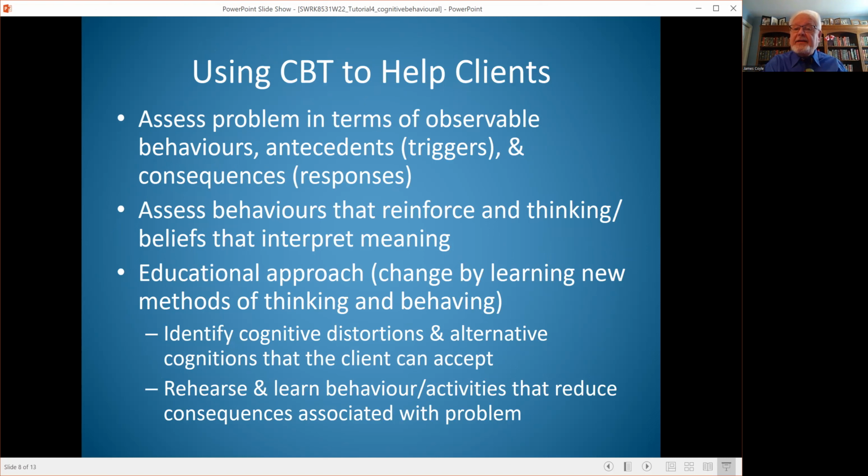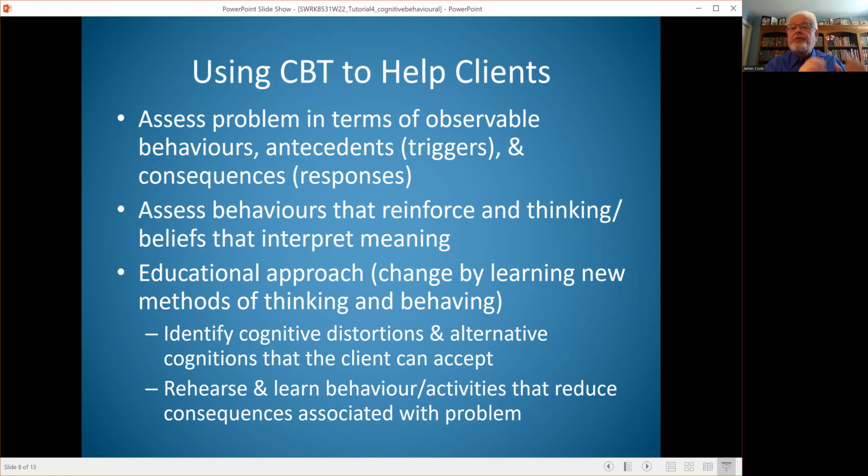So when you use cognitive behavioral therapy to help clients, you assess the problems in terms of observable behaviors. You look for what triggers the behavior, what are the antecedents, and primarily this is really helpful because then when you notice the trigger, you can manually put in the alternative thought or the alternative behavior instead of waiting for the automatic response, which is the negative, the cognitive distortion, or the highly anxious or angry or upset behavior, which is not really helping out.